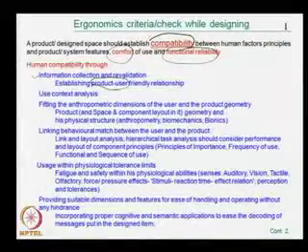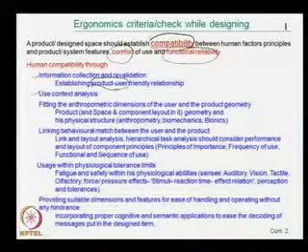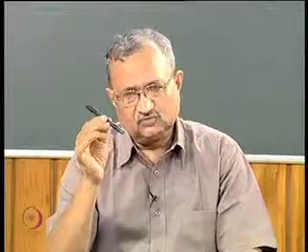Now, again the user context analysis. The user's context analysis means where this product would be used. If we develop a pencil and we feel that it would be used by a child, then the fineness of the tip matters, and if it is brittle, then it will not be accepted by that child.